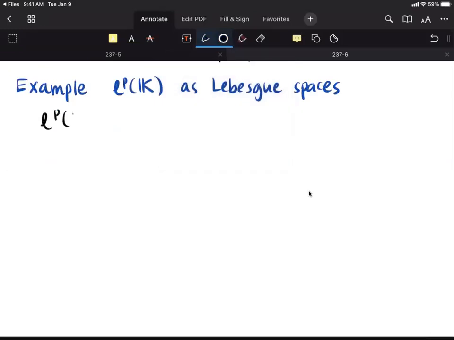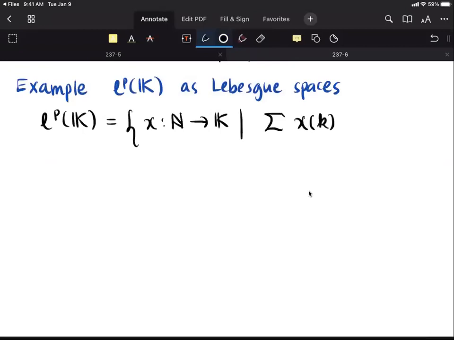So let us recall this little l^p is the set of all sequences x such that the sum over k from 1 to infinity of the absolute value of x_k raised to p is finite.